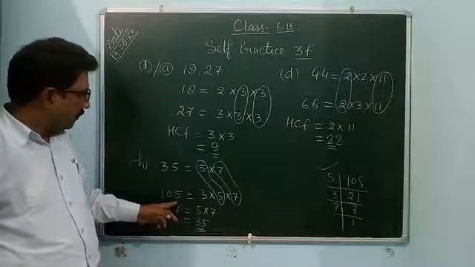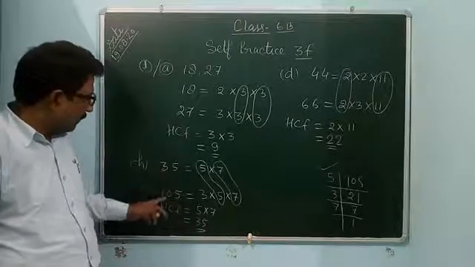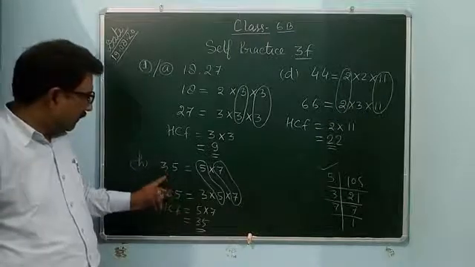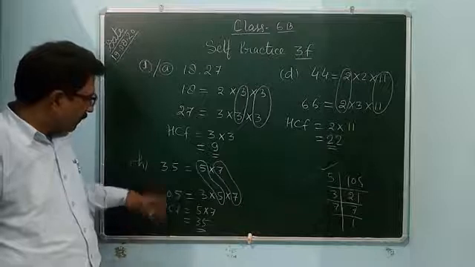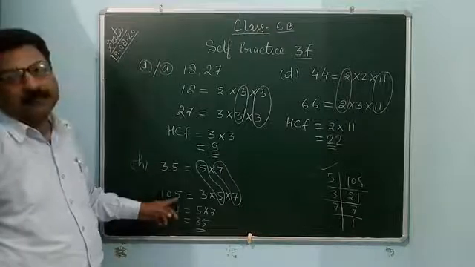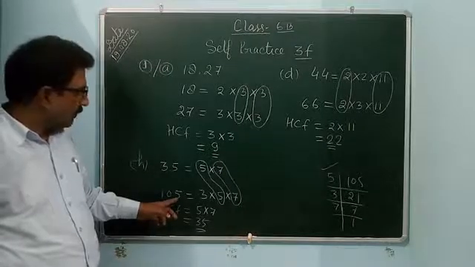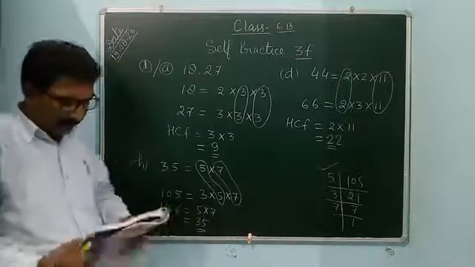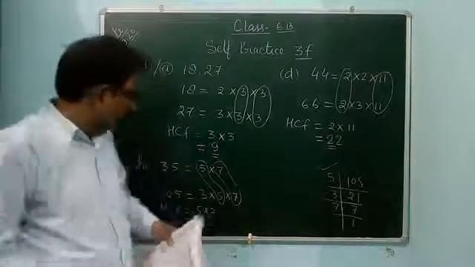It means 105 is divisible by 35. So dear student, in this way you can do and understand. Question number 2.